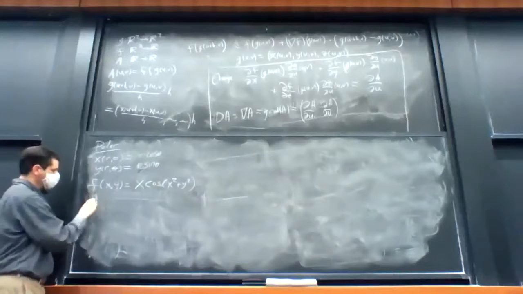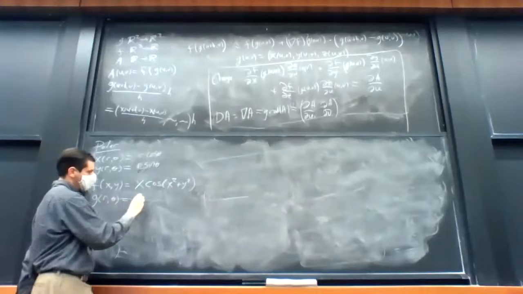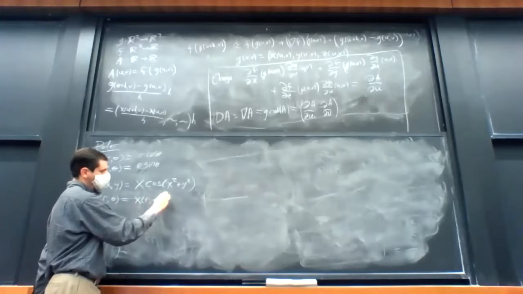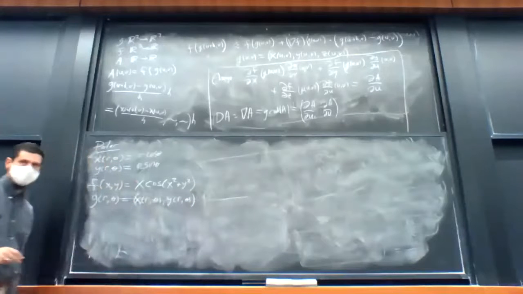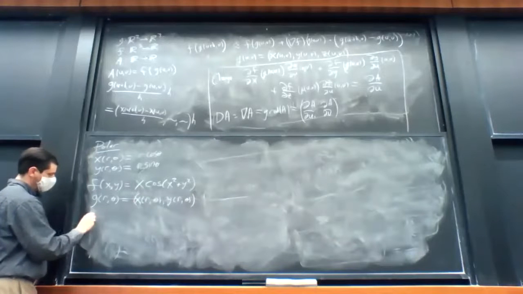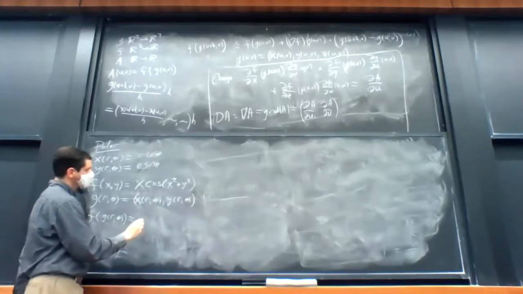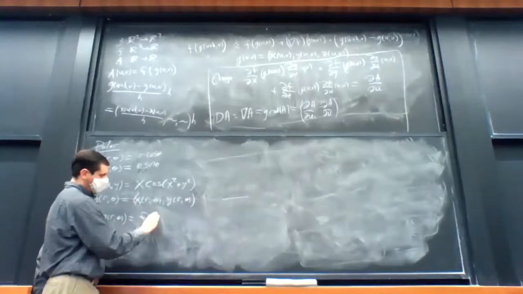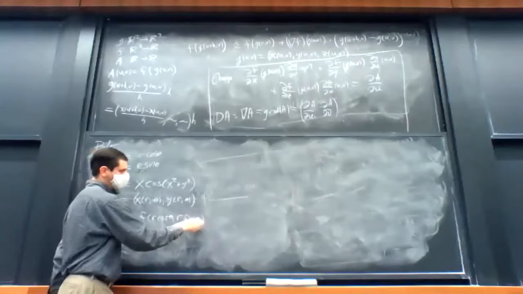And so my function g of r theta is x of r theta, y of r theta. And so what is f of g of r theta? This is going to be f of r cosine theta, r sine theta.